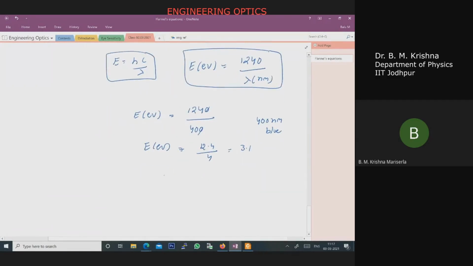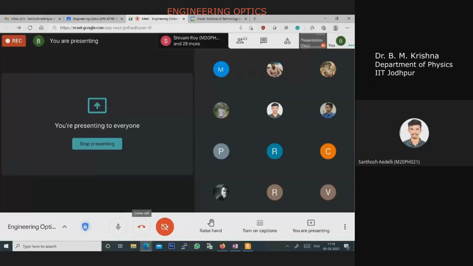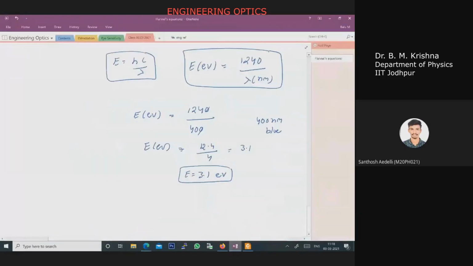So the energy of the photon of 400 nanometer equals 3.1 electron volts. So if you know your wavelength, you can always calculate the energy of the photon corresponding to that wavelength. Is it clear? Yes, sir.